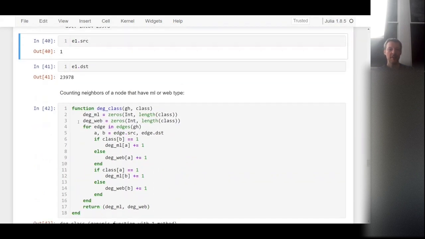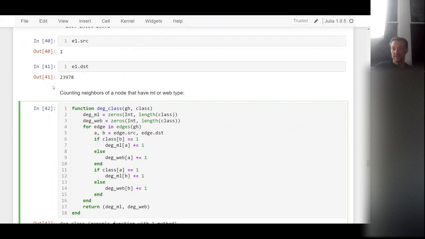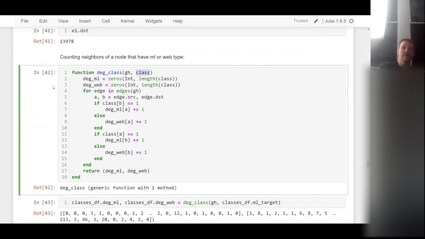So now we write again a bit more complex function, but hopefully not super complex, that will compute the number of web developer and machine learning friends of each node. So how do we do this? I need to pass 2 arguments to this function: my graph and the list of classes of each developer.